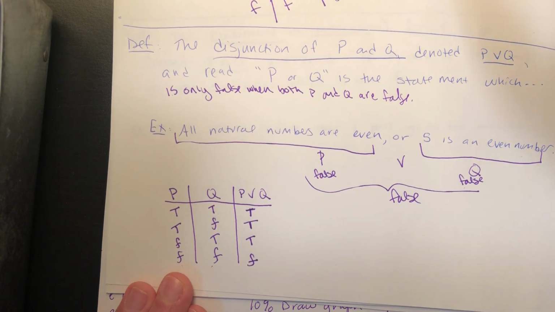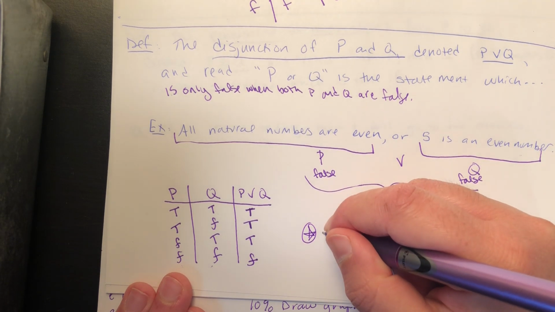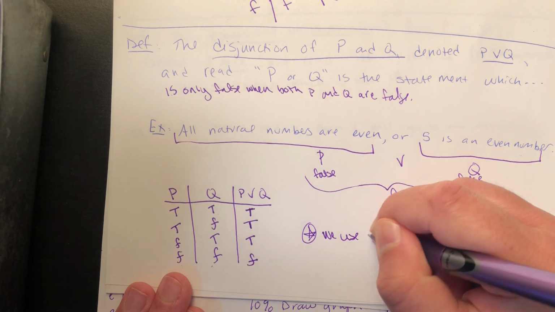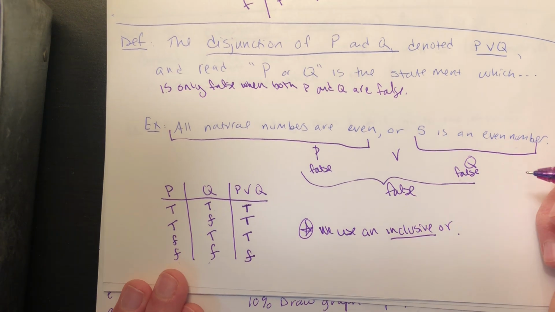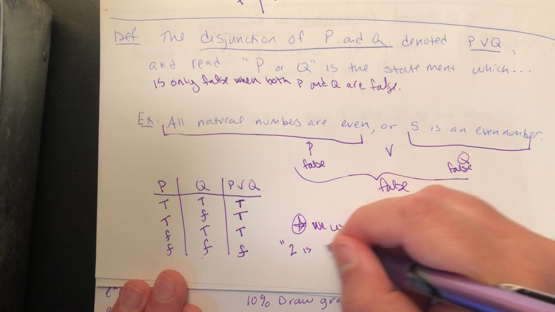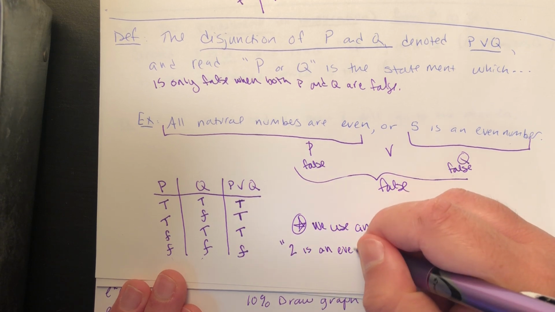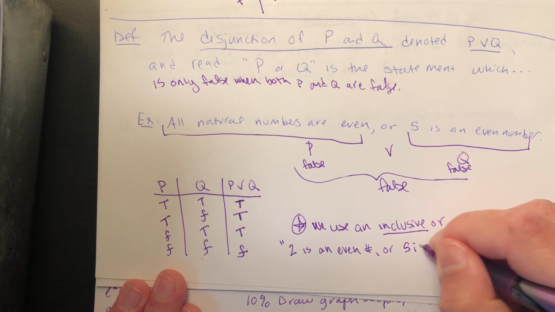Okay, so one thing to keep in mind, let me just reiterate it here. We use an inclusive OR, which means they could both be true. So I could say something like, 2 is an even number, or 5 is a prime number.